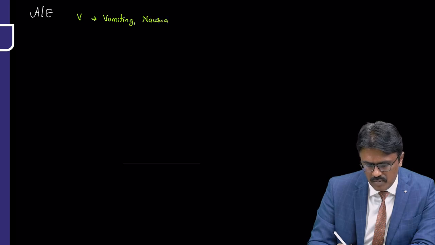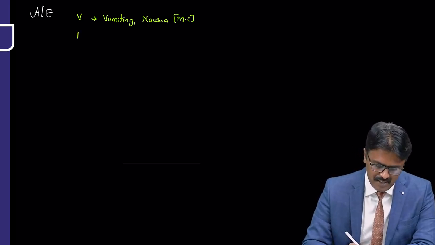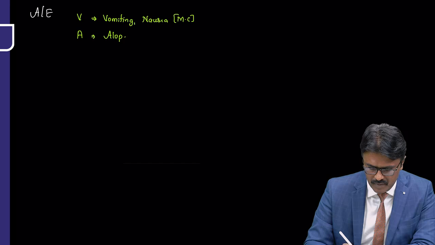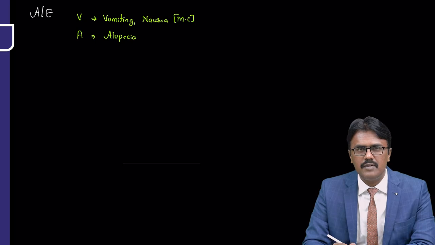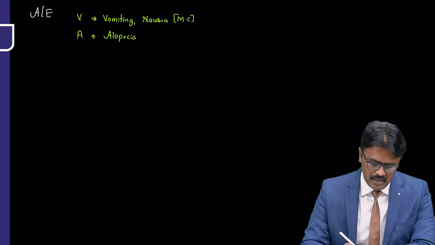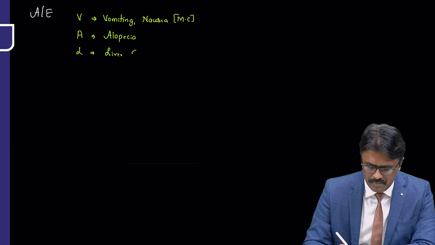Now that is the most common adverse effect we see with valproate. Your favorite also, GIT upset. A for alopecia. So the drug will cause loss of hair. Compare that with phenytoin, which causes gain of hair, that is hirsutism. Then L for the drug produces liver toxicity.